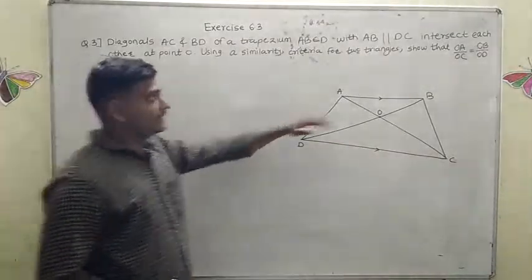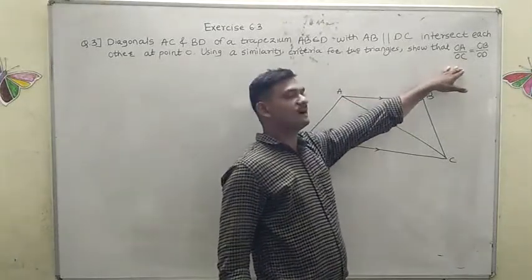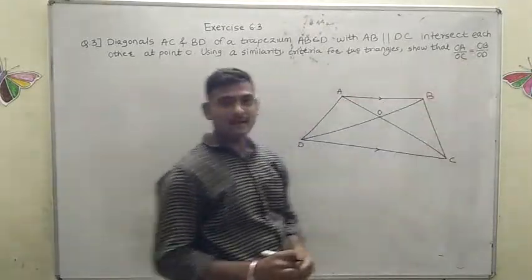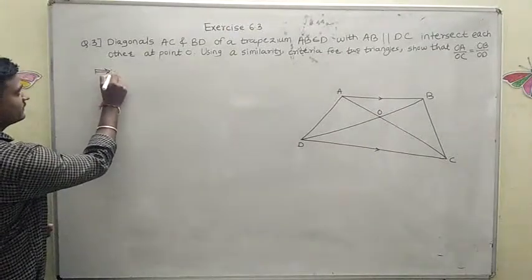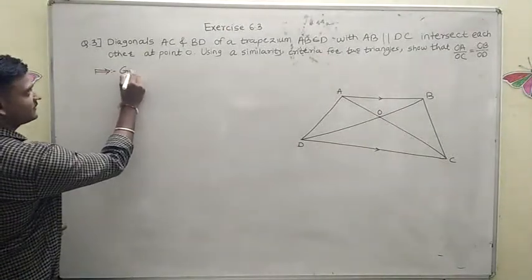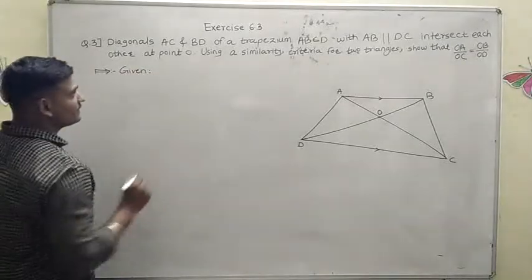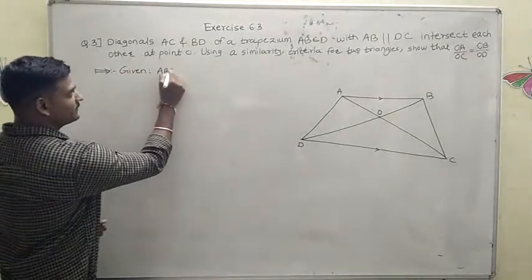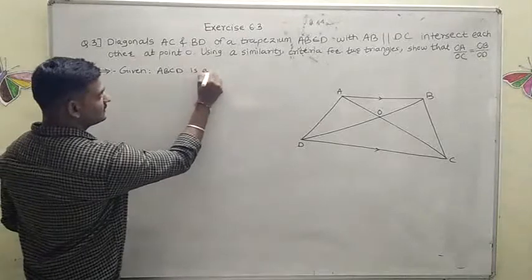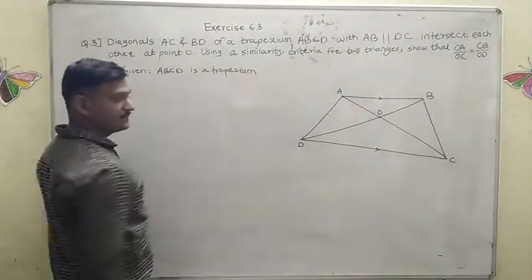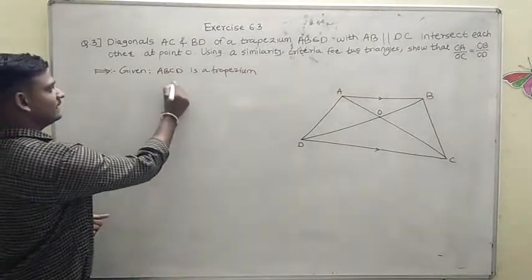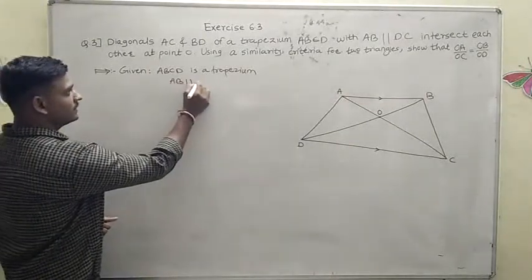Now what we have to prove here? We have to prove that OA divided by OC is equal to OB divided by OD. See here how to prove. Solution. Given: ABCD is a trapezium, and AB is parallel to DC.